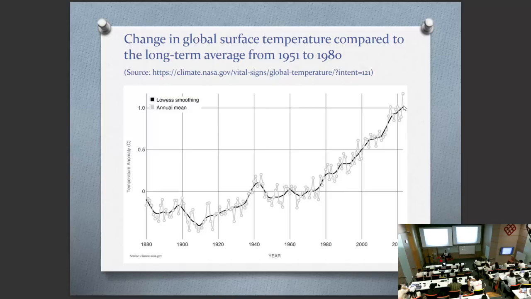This afternoon I checked the latest data. In the year 2024, the average Earth surface temperature is around 1.4 degrees above the pre-industrial value. So 1.4 already, and we are still going up.